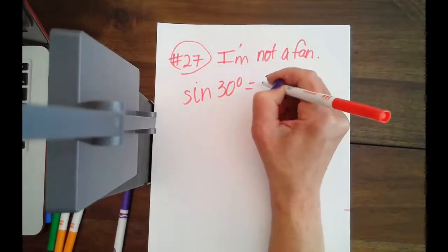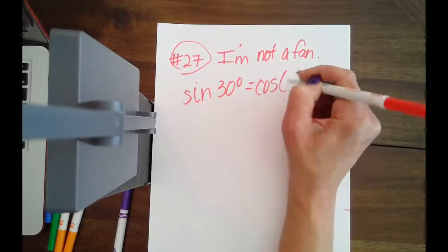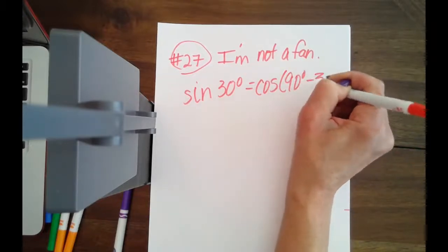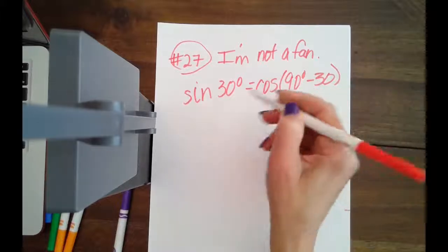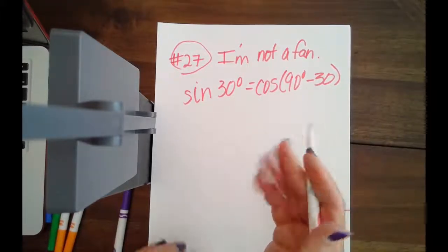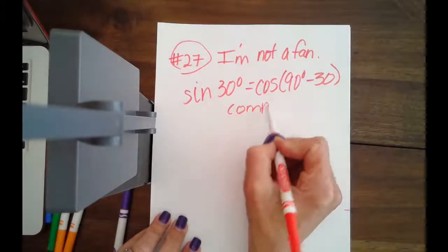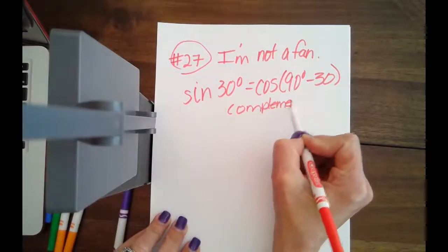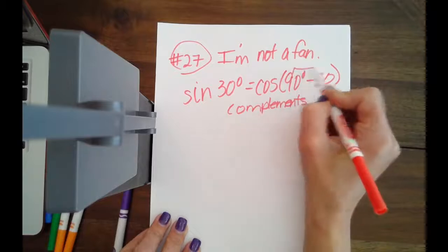So it's equal to cosine of 90 minus 30, okay? So that's what they did here. They just look at the cofunction identity, because these are complements, right? All right, because this would leave you with 60 degrees, all right?